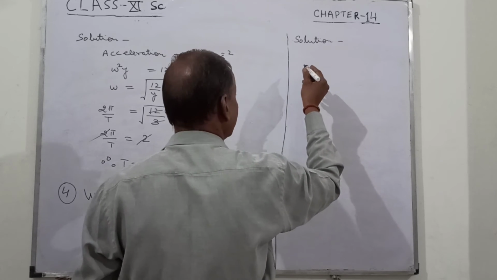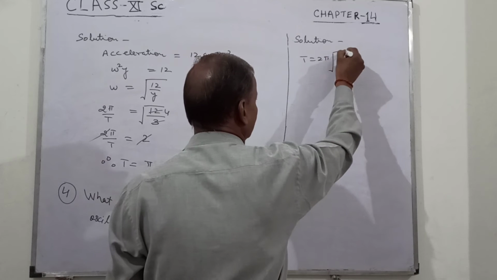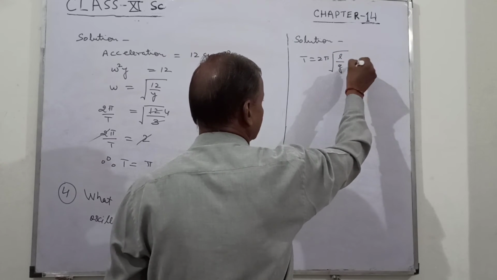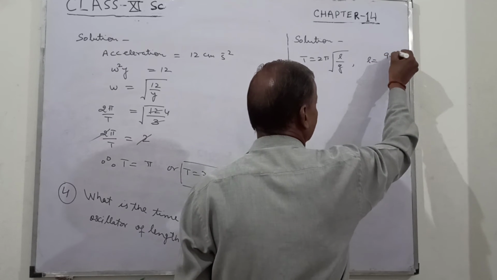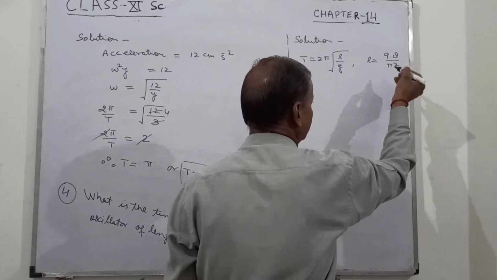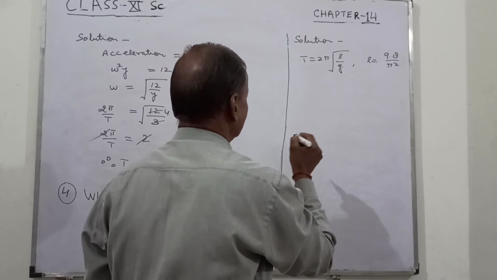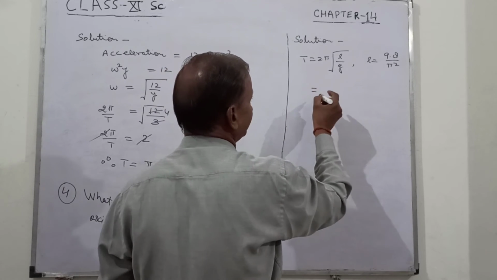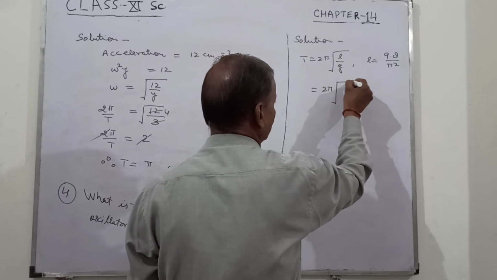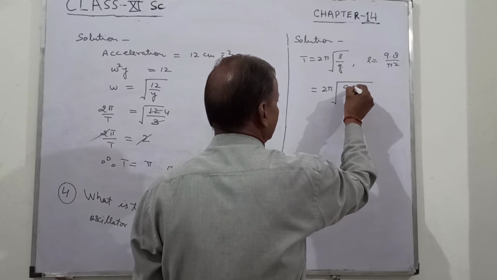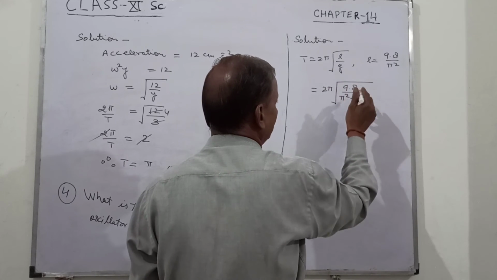Solution: T equal to 2 pi square root of L upon g. Now here L is equal to 9.8 upon pi square. This is given to you. So this is 2 pi square root of L, 9.8 upon pi square, into the value of g.